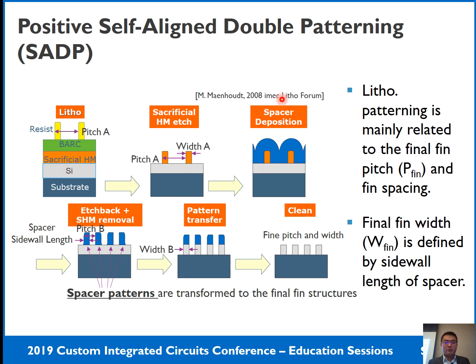Then there will be a spacer process, and the spacer pattern will finally transfer to the silicon region. The final fin width is defined by the spacer sideward length. So the final fin width is not a layout parameter, it's a process parameter. You cannot design your final fin width by the layout structure.